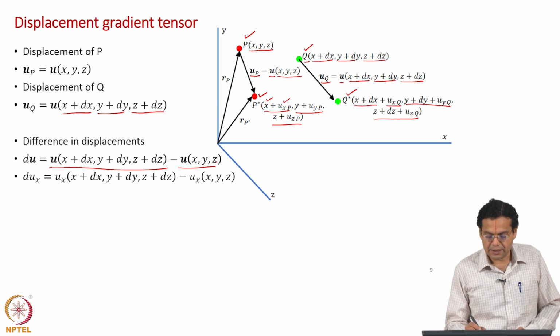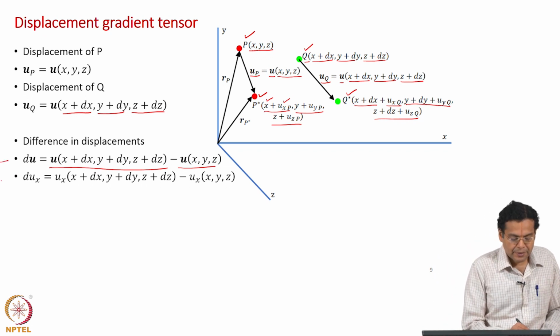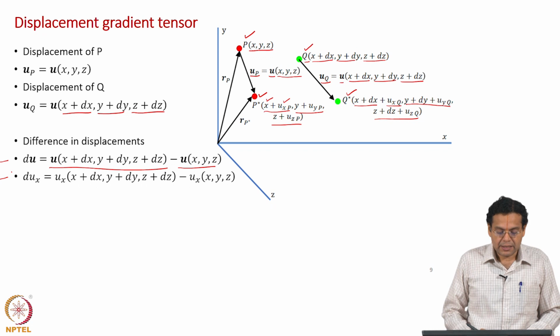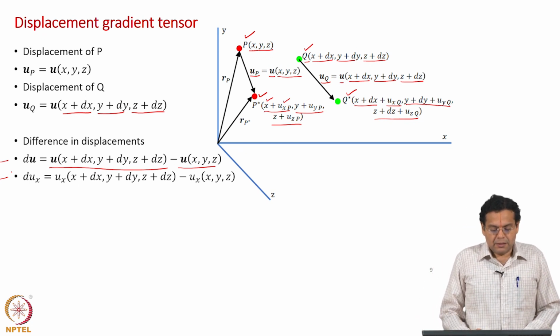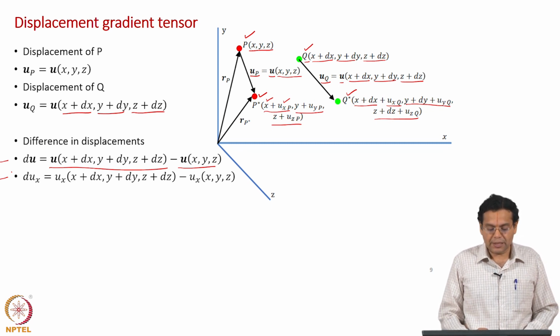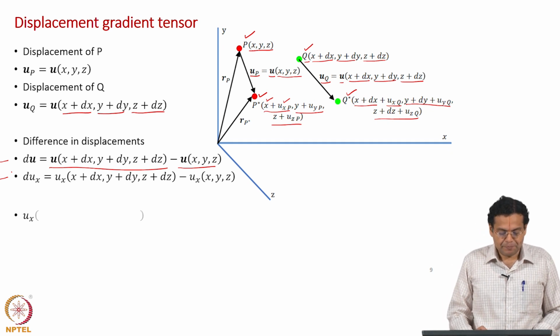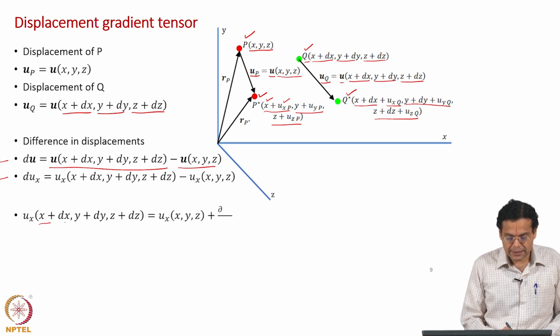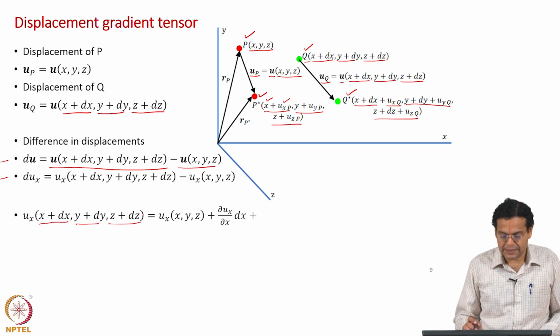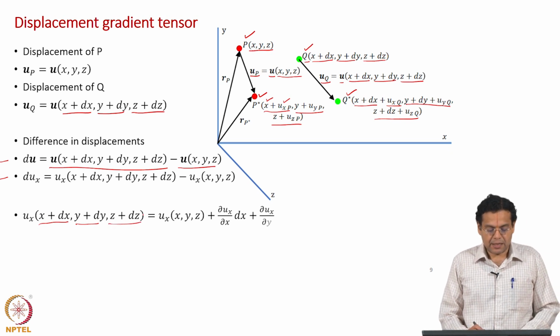This is the vectorial equation, written as the x component of that. So, this tells you the difference in the x displacements of points q and p. Now, we will take this displacement u x at x plus dx, y plus dy, z plus dz, and write it in terms of a Taylor series.